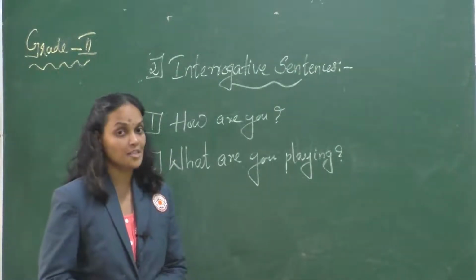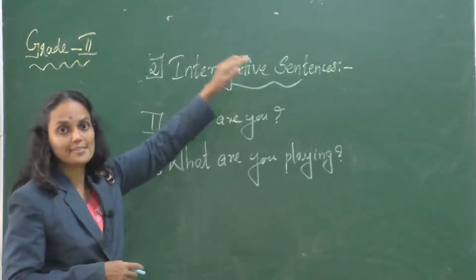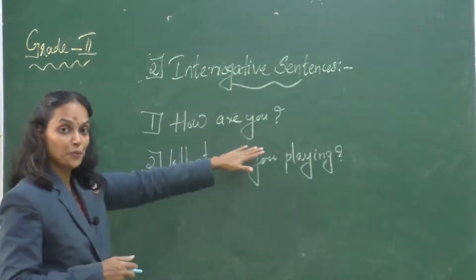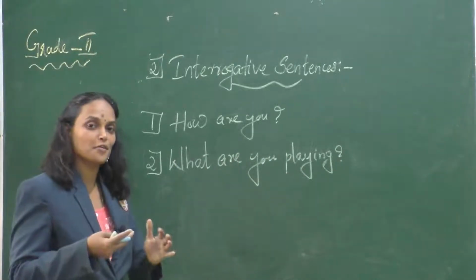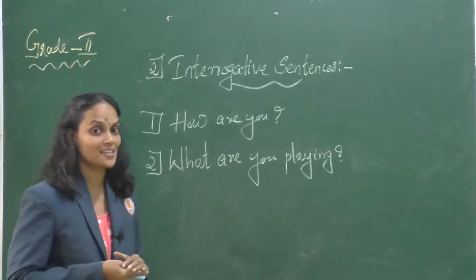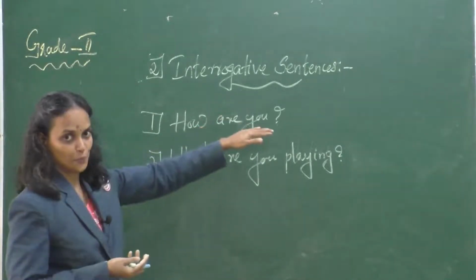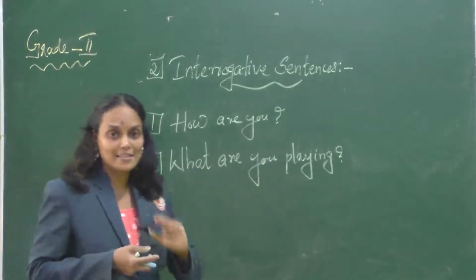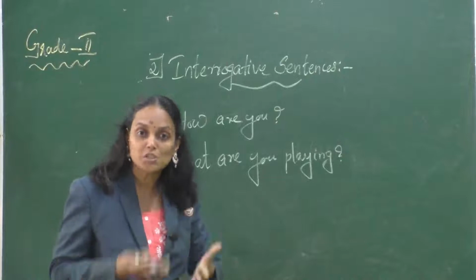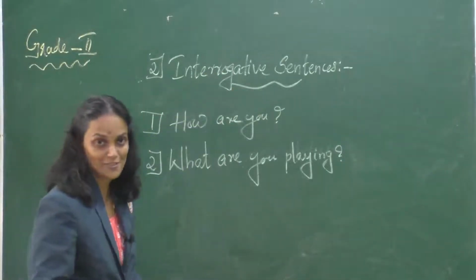Next are interrogative sentences. How are you? What are you playing? Children, what kind of sentences are they? They are asking questions, right? So the sentences which ask questions are called interrogative sentences.